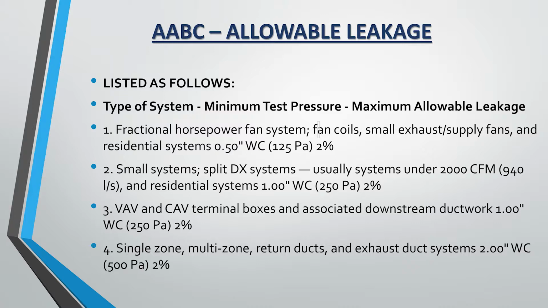AABC has this list, and the list is basically pointing out, I think, 10 different systems, types of systems, and in my opinion, I think they're much better, easier to follow than other standards. I think they're a little more stringent, a little tighter.